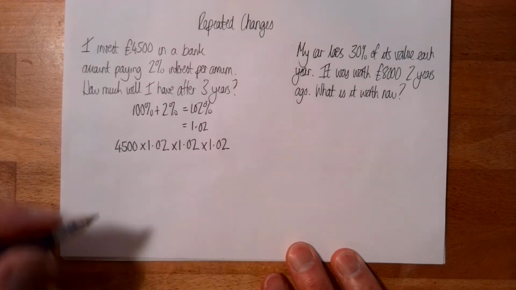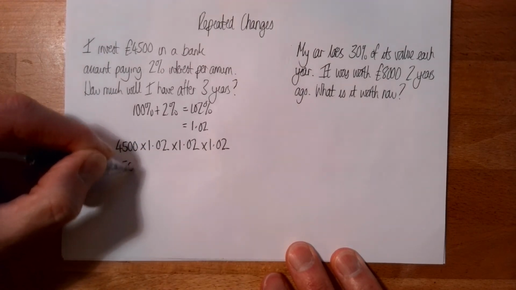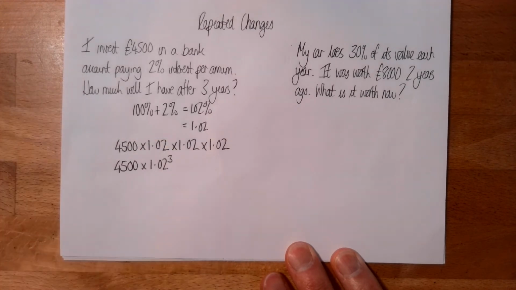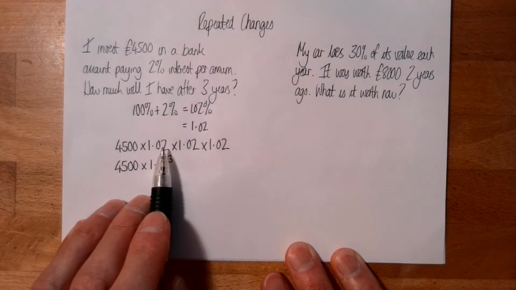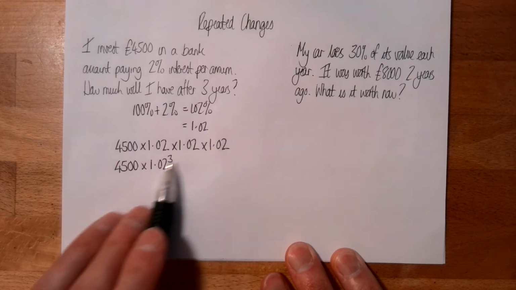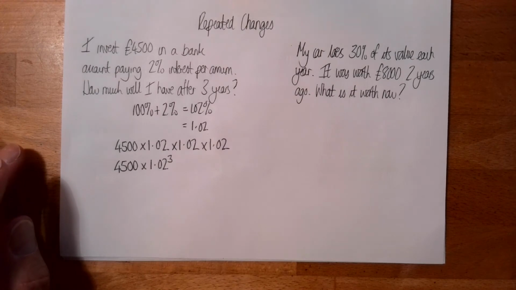And you might be thinking, well, that's a lot of work. So what you can do, if you're confident with your calculator, is use the power button, because what we're doing is multiplying by 1.02, multiplying again by 1.02, multiplying again by 1.02, so that's 1.02 to the power of 3.